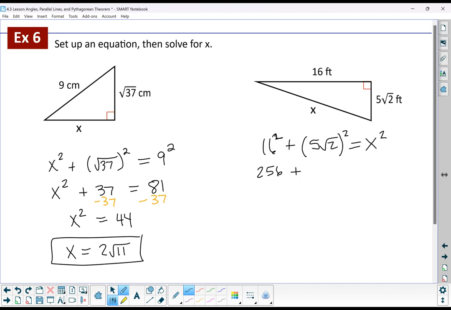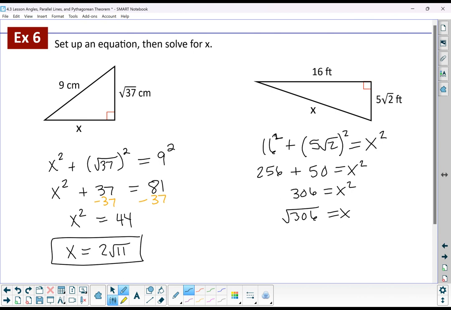And 5 root 2 squared is 50. Let me make sure. Yep. So 256 plus 50, we can combine those to get 306. And then to get our final answer, we would use a square root.